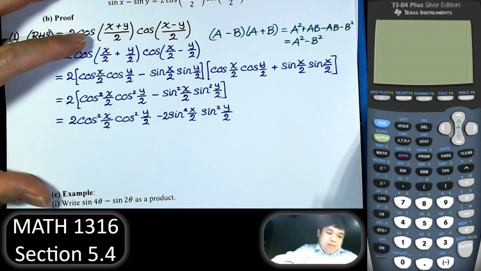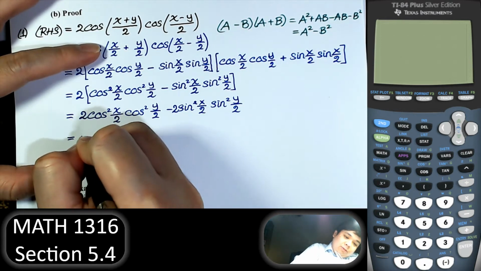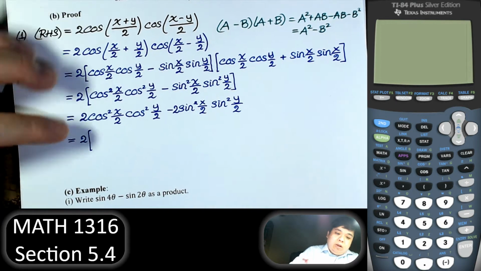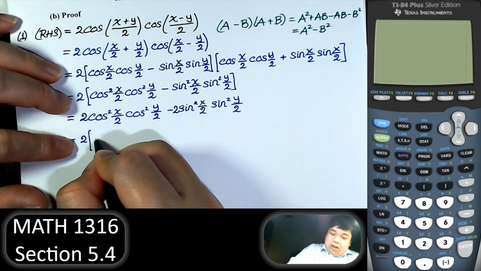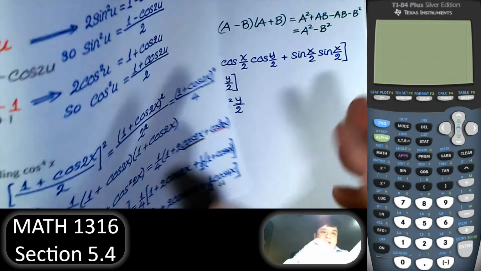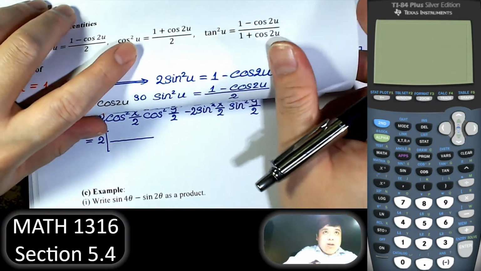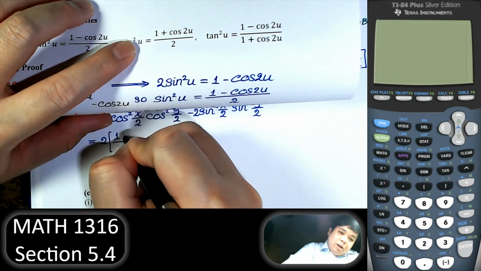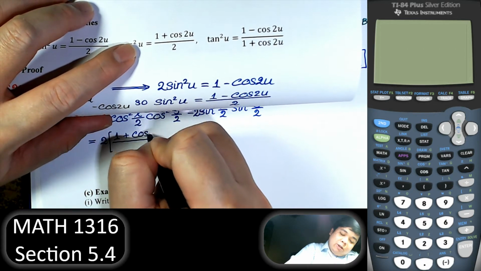So cosine square, power reducing, talking about this one, is 1 plus cosine of a double angle.